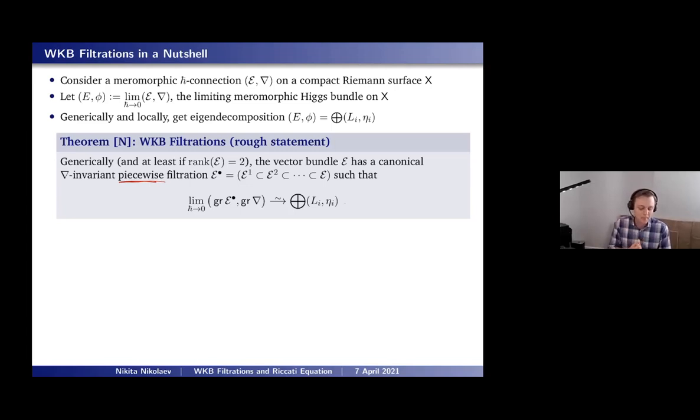Now, this statement is in a way very rough because I'm hiding a lot of complicated detail.